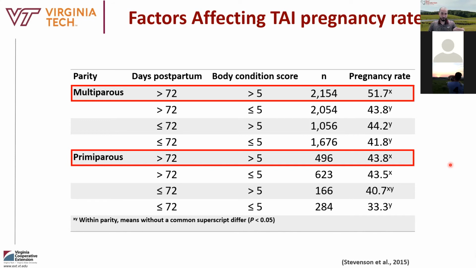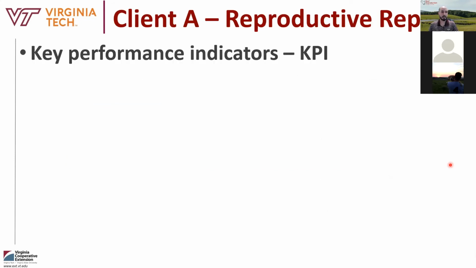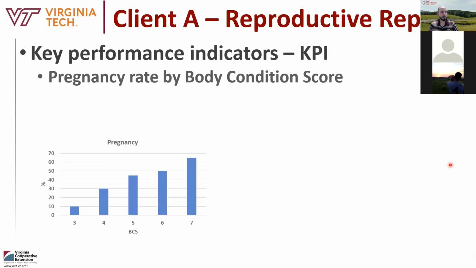So when we're looking at clients' data, some of the really important key performance indicators that we always show producers and clients is pregnancy rate by body condition score, right? For example, at the time of AI, out of all the cows that had body condition score 3, those had really the lowest pregnancy rates compared to cows that had a body condition score a little bit higher and adequate as well.